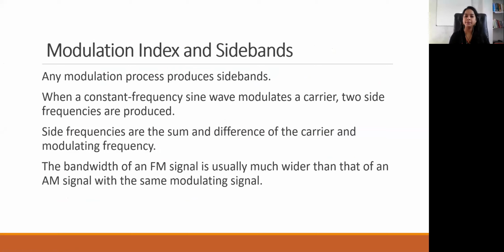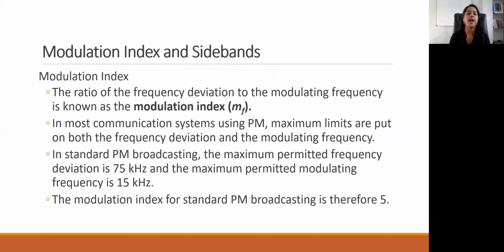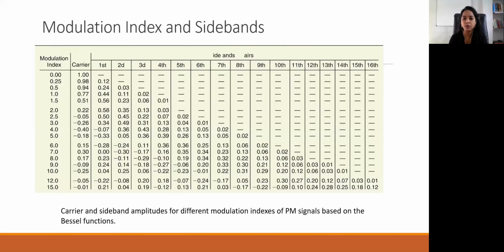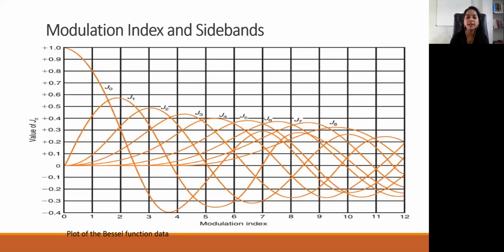So modulation and sidebands: you all know that in any type of modulation technique you will have modulation index and sidebands. So in phase modulation, how are we going to calculate the number of sidebands? We will calculate it by Bessel's function. In your syllabus you don't have calculations of Bessel's function in depth, so I haven't explained that calculation. Just a picture is given of how we calculate the sidebands, and this picture is important to show you how the sidebands appear with each function.